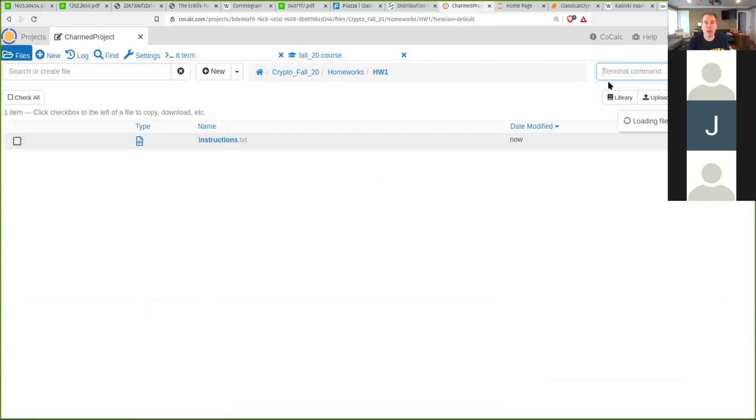You can read the instructions, and then on your virtual machine, you can create the files that are the answer. Most of the time, it'll be some kind of C++ program. And then when it's time to hand in the assignment, I will just push a button, and your solution will be copied onto my virtual machine. I find that it works really well.